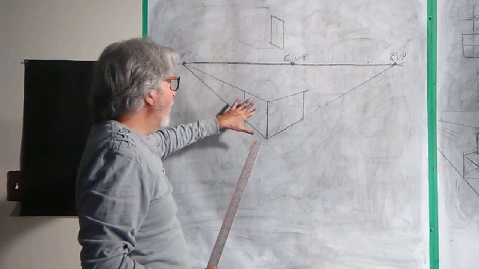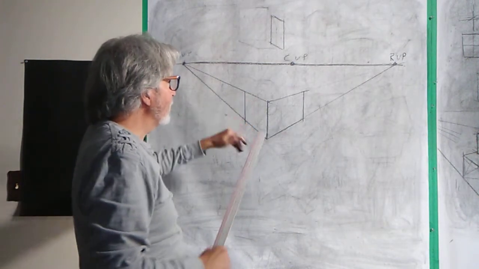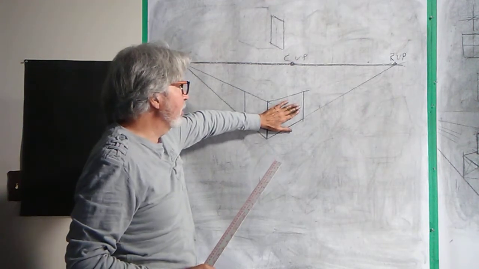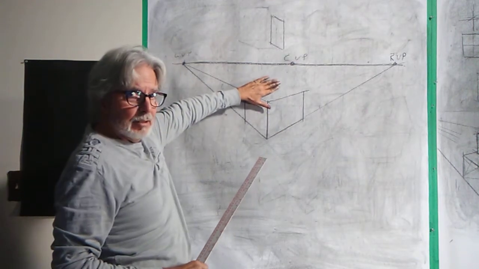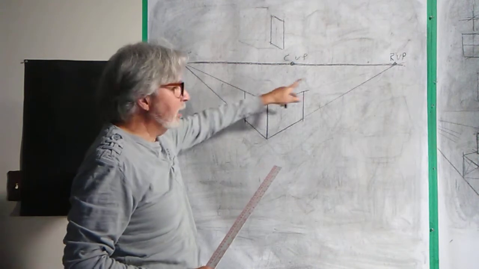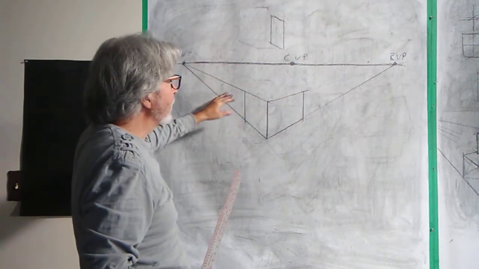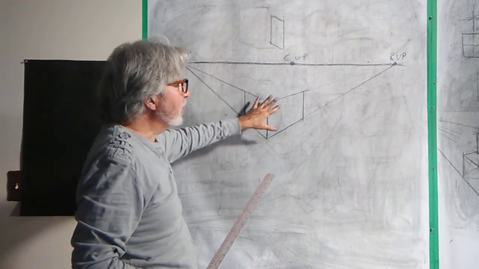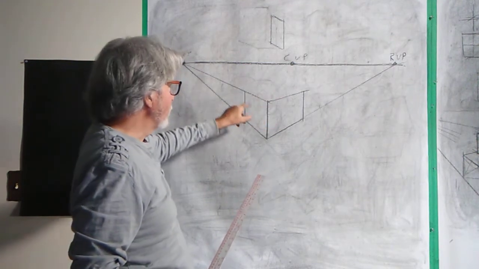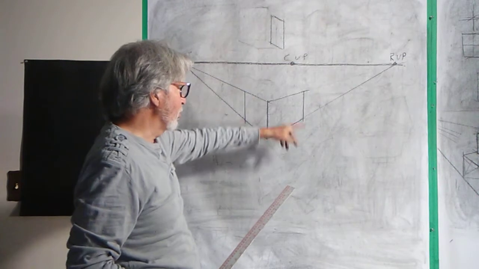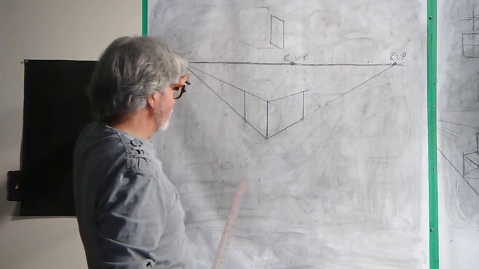To finish the box, the easiest way to think about this is the parallel plane to this one is the one immediately behind it. So therefore, they've got to converge to the same vanishing point. The way that I always remember it is with perspective, everything is reverse. So anything on the left converges to the right. Anything on the right converges to the left.